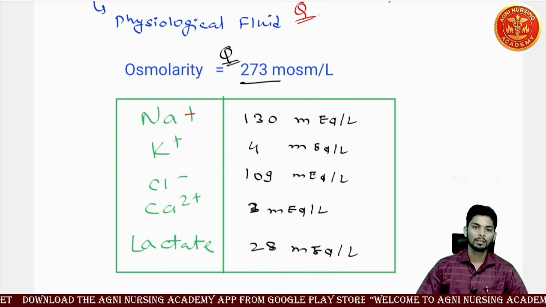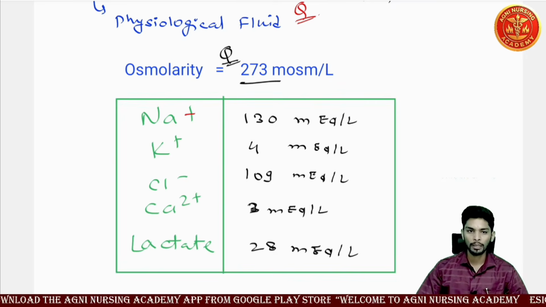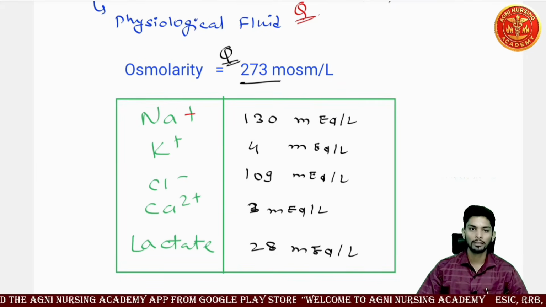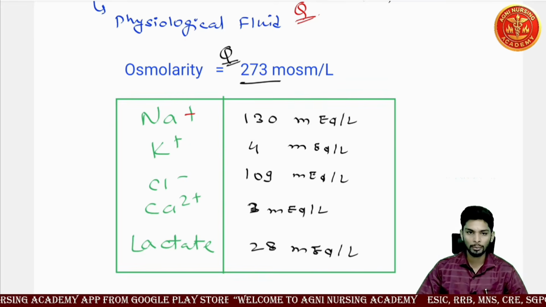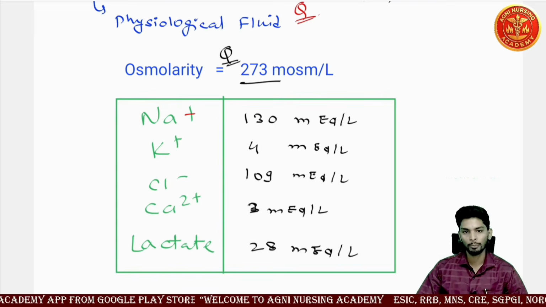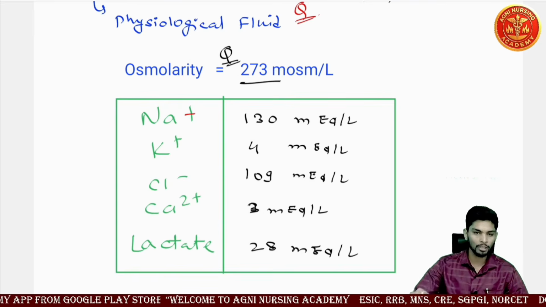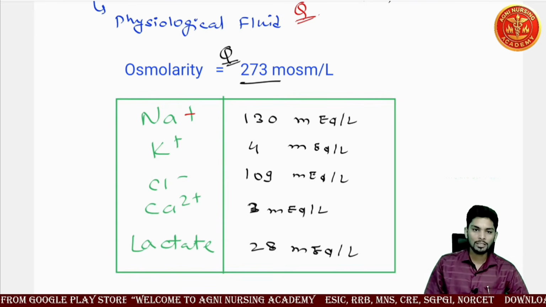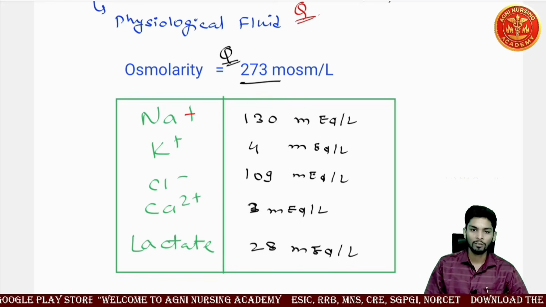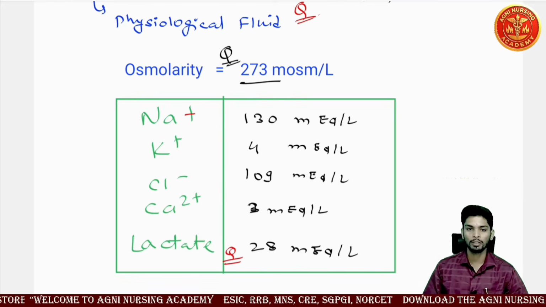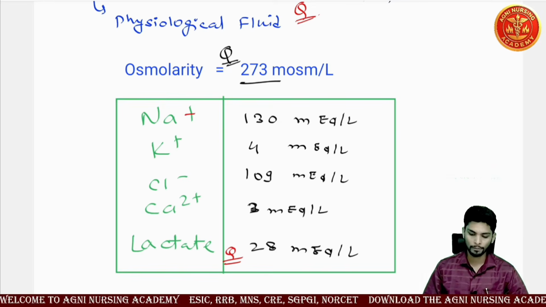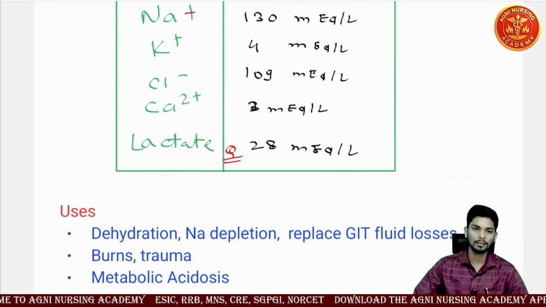Sometimes the examiner will ask what is the concentration of lactate in ringer lactate solution. So we have to give the answer 28 milliequivalent per liter. Okay, that is the concept here.